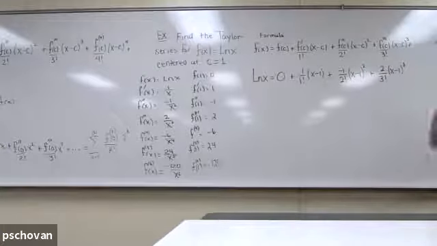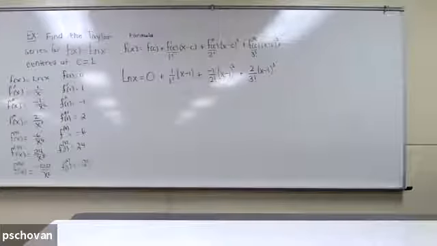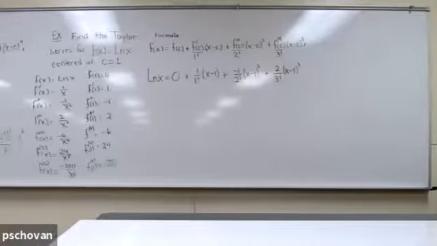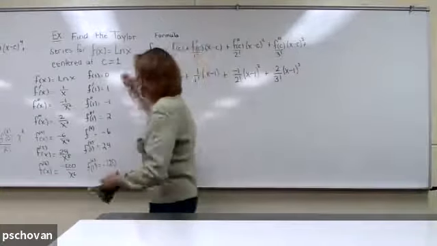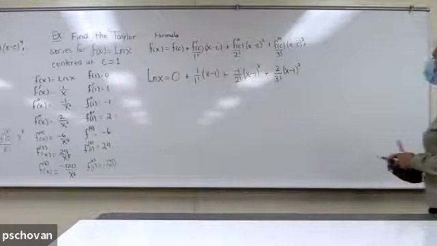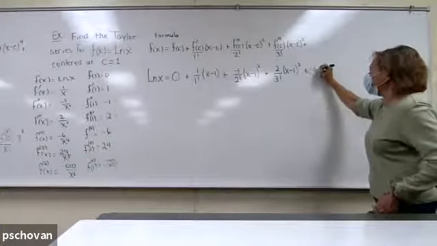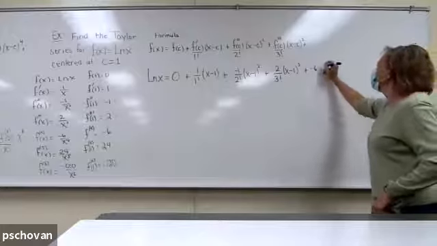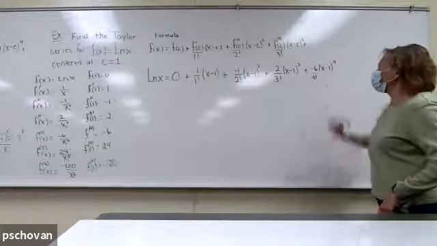Let's go ahead and use all my terms. I can go all the way to the end of the board, so here we go. I'm on the third derivative, and I used that one, that one, that one, that one, so we're here. The fourth derivative was negative 6, x minus 1 to the fourth over 4 factorial.